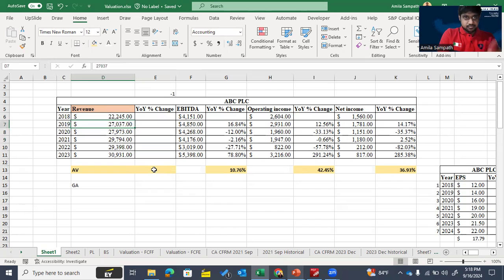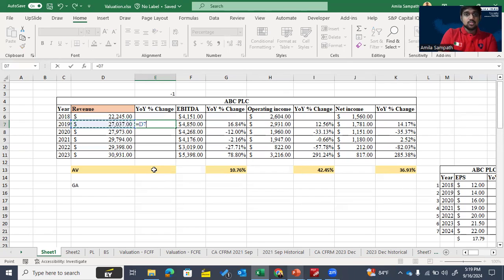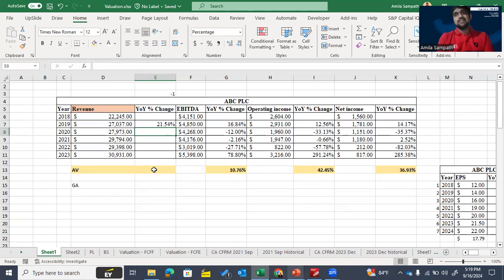Then for 2019, how can we calculate the growth? 2019 revenue divided by 2018 revenue minus 1. This is the simplest way that we can calculate each year's growth.